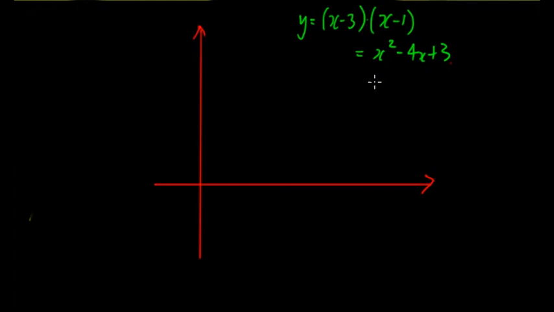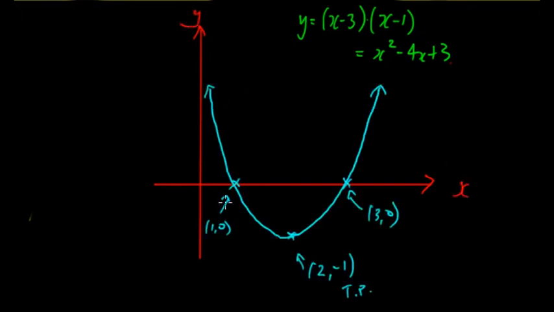To graphically represent this theorem, if we have y equals (x minus 3)(x minus 1), which equals x^2 minus 4x plus 3, we can graph this by finding the x-intercepts. We get x is equal to 1 and x is equal to 3. Then we graph and we get a quadratic.